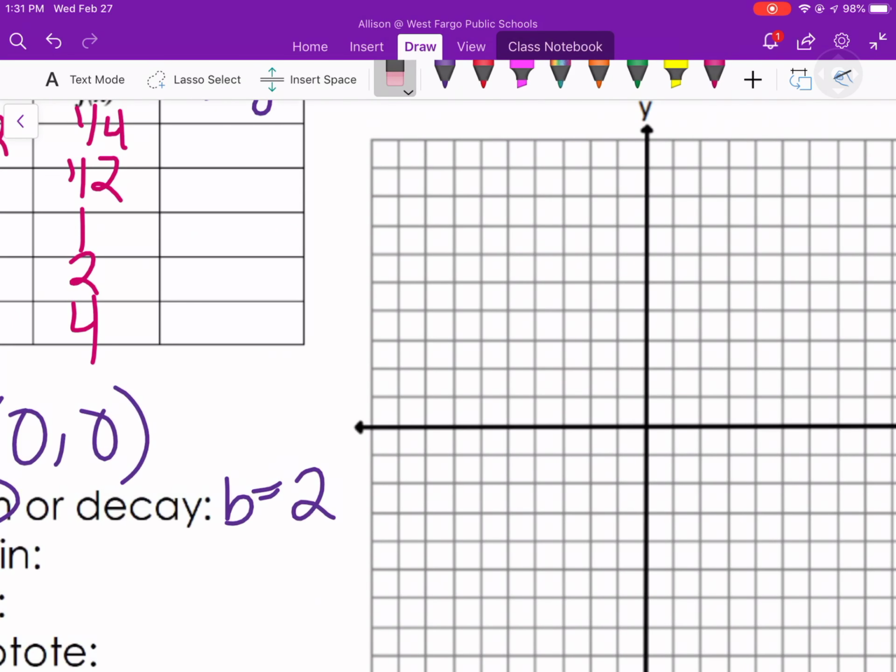We've got to zoom in real good. And then 0, 1, over 1 up 2, over 2 up 4. So I did the best I could there. And then it's going to continue to get lower, and then it's going to rise exponentially.